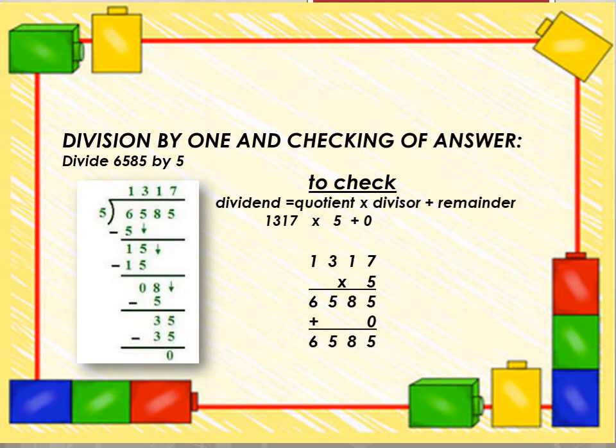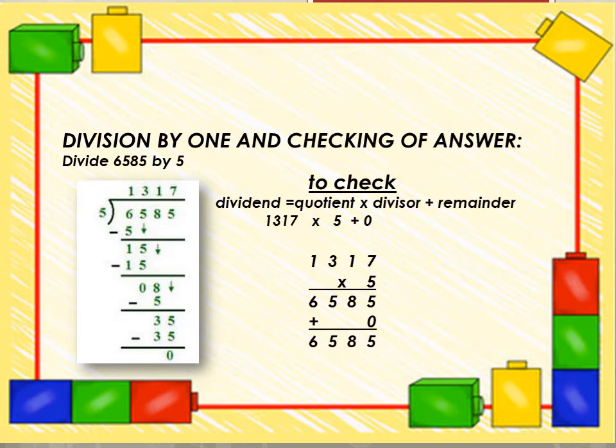Now children, let's see division by 1 digit and checking of the answer. Here we have taken one example, 6585, divided by a single digit number, 5.